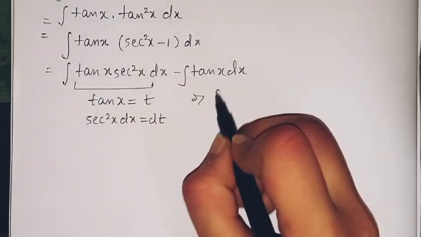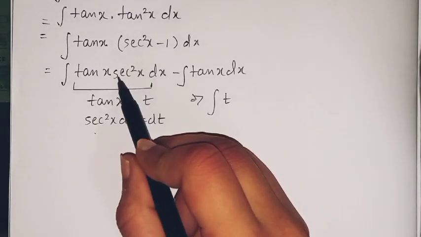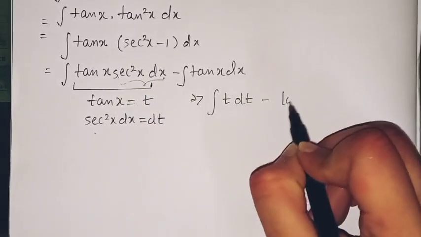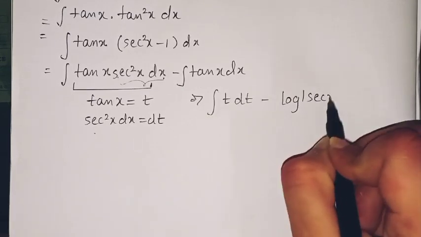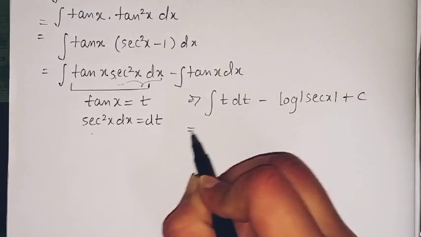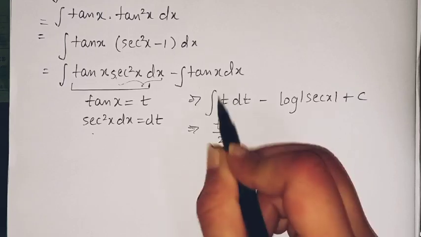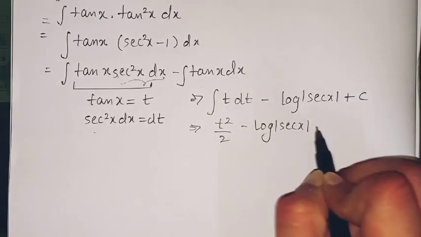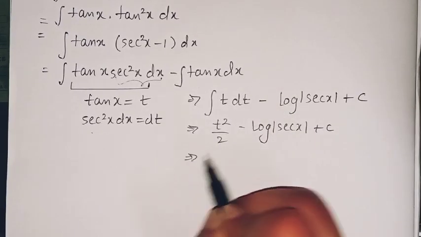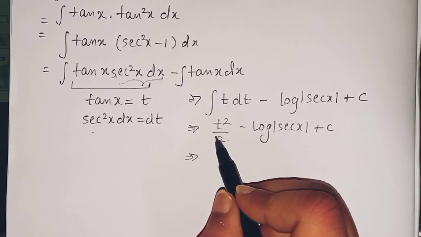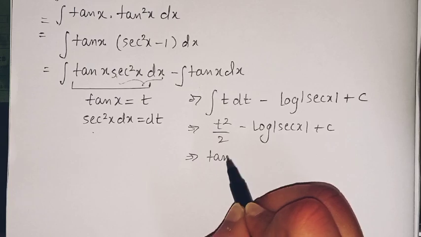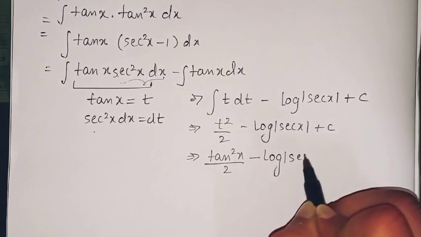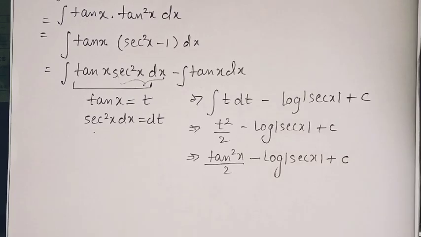Tan x is equal to t and sec square x dx is equal to dt, minus log sec x plus c. t square by 2 is the integration of t, minus log sec x plus c. Putting the value back, that is tan x, it is tan square x by 2 minus log sec x plus c.